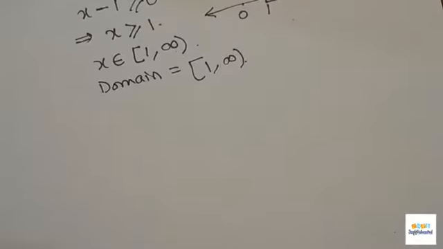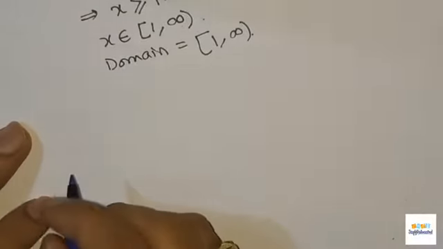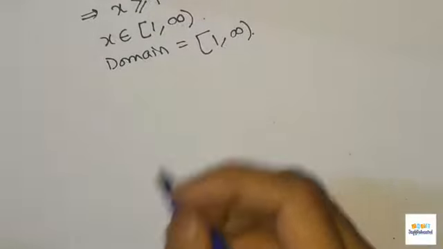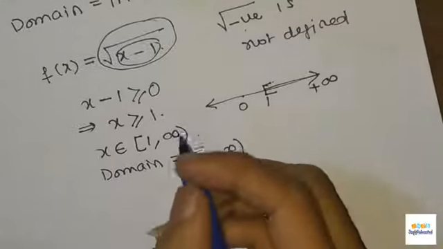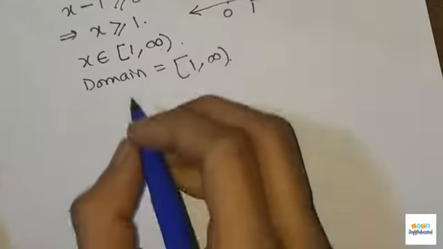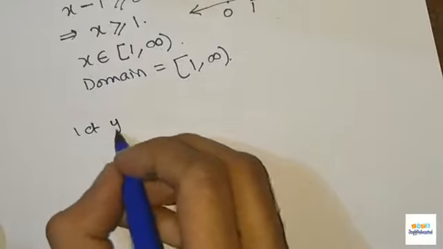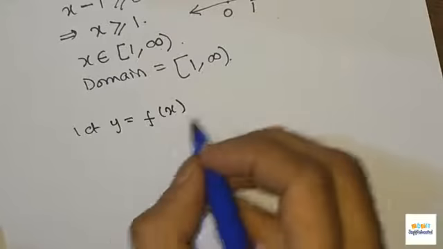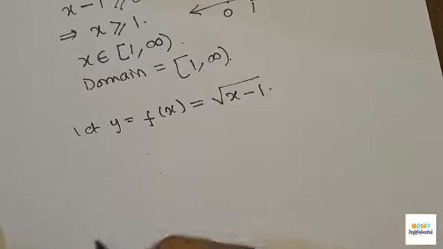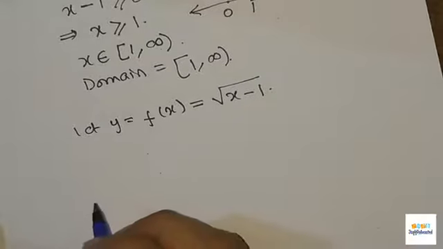Now let us check the range of the function f(x). Now to check the range, there is a method. What we have to do is, first we have to put y equal to f(x) here. So let y equal to f(x). Now this f(x) is given as root of x minus 1.